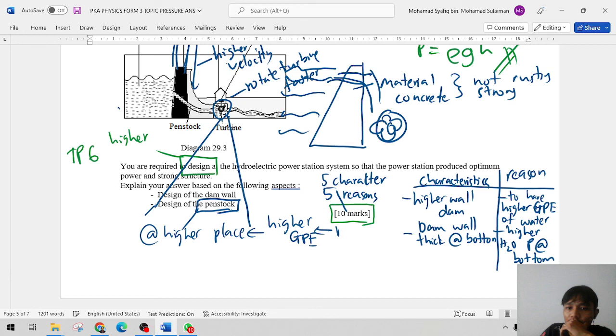Alright, and the last characteristic is turbine at the bottom. We want the water at the highest place possible, and we want the turbine to be at the lowest place possible. So turbine at bottom, so we will have water at higher kinetic energy.